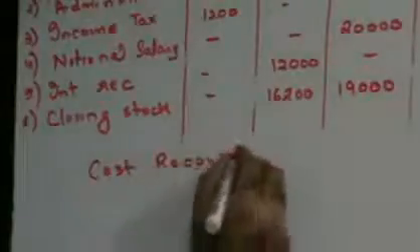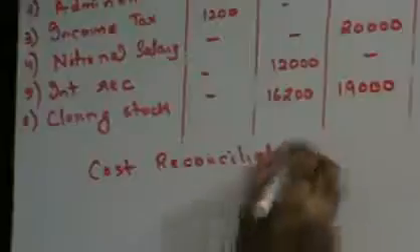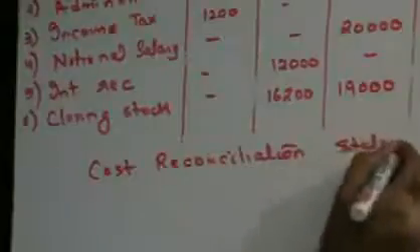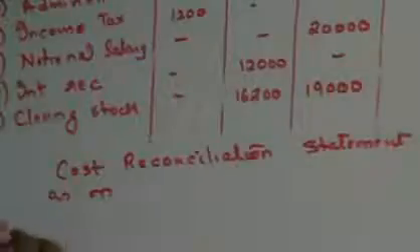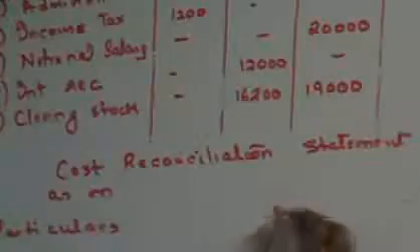Now once you've done this, let's make the cost reconciliation statement. As on, the date is not given, so particulars, rupees, costing profit, add, less, financial profit.